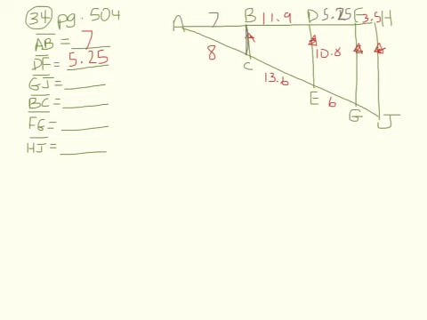Now I would think that BC is proportional to DE, but really the only way that we could know that for sure, because these parallel lines aren't really helping us with BC, is to know that two triangles were similar to each other. So I would need to know that triangle ABC is similar to triangle ADE.